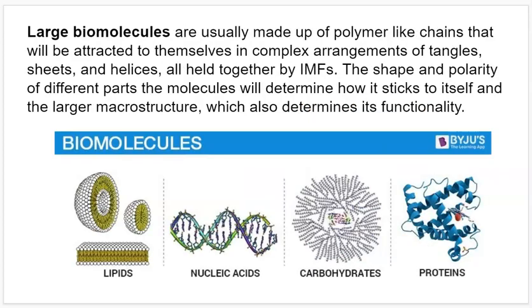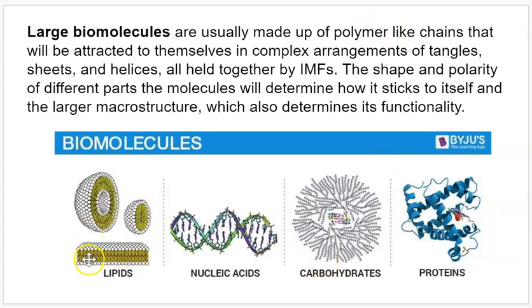Another type, technically a molecular solid, it depends on the context, but large biomolecules have a similar situation. They're usually made up of polymer-like materials. Say for proteins, they're made of chains of amino acids.